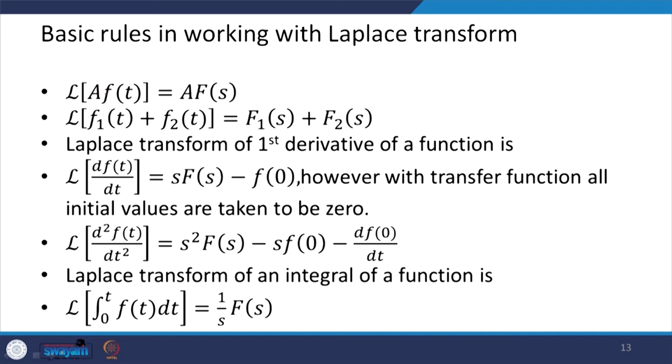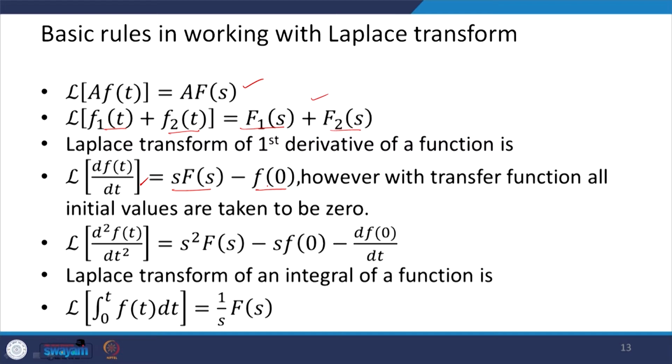Say the Laplace transform of a constant times f(t) is equal to the constant times F(s). Then the Laplace transform of the sum of two functions is equal to the Laplace transforms of the two functions evaluated separately and then added. The Laplace transform of the first derivative is s F(s) minus f(0).